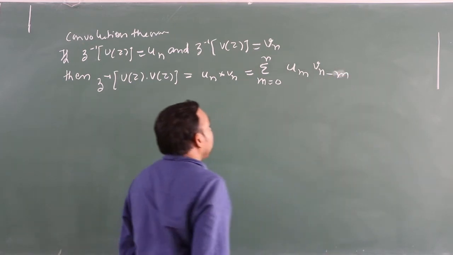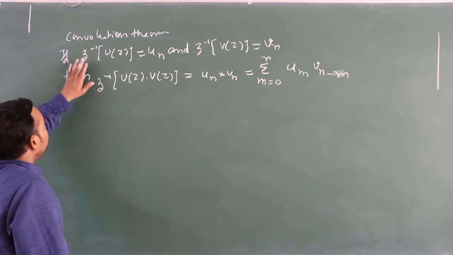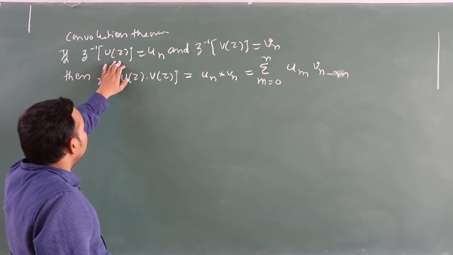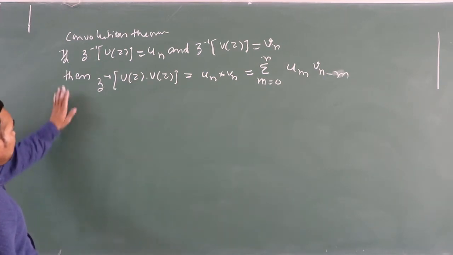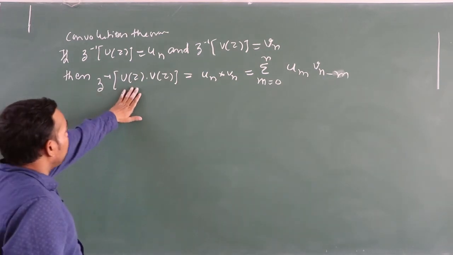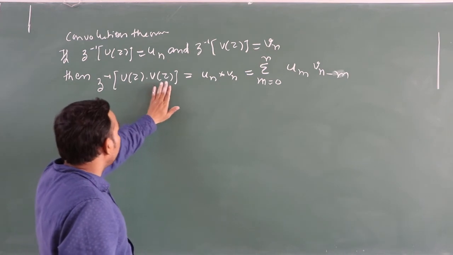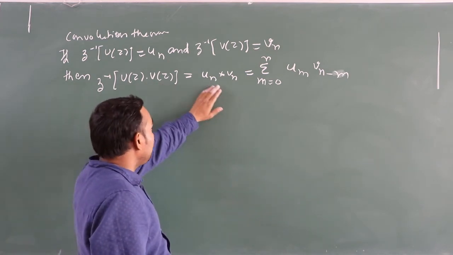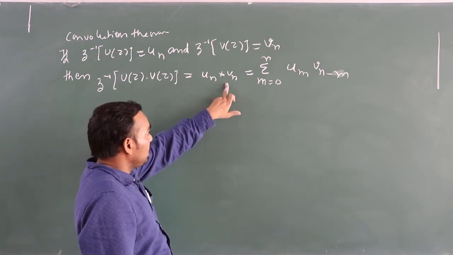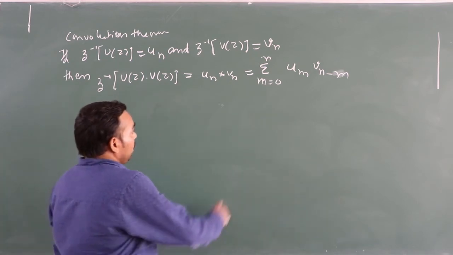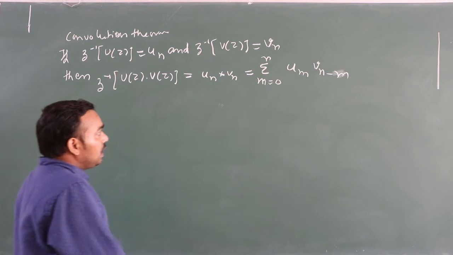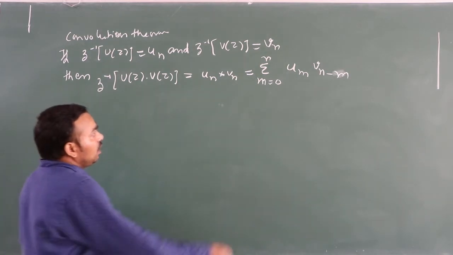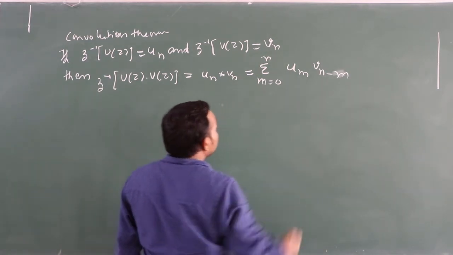Means if Z inverse of U(z) is u_n and Z inverse of V(z) is v_n, then Z inverse of the multiplication U(z)V(z), that is written as u_n star v_n, equals the sum over m equal to 0 to n of u_m v_(n minus m).